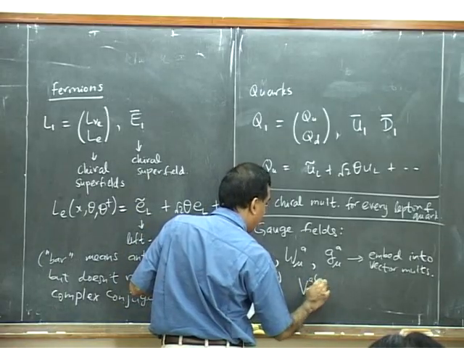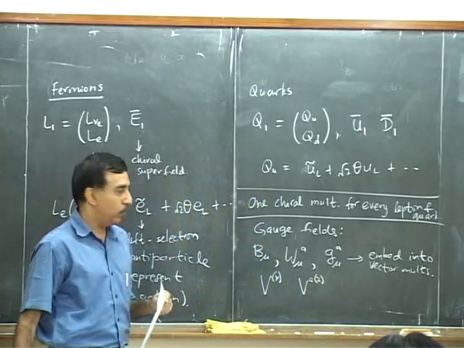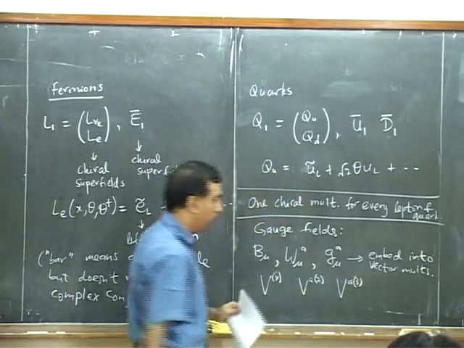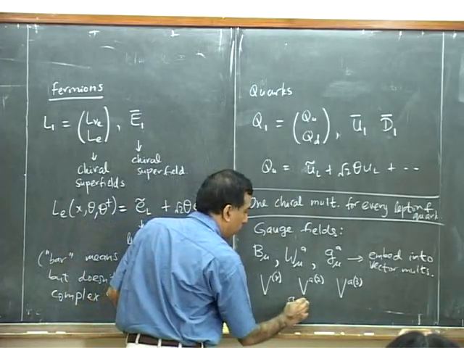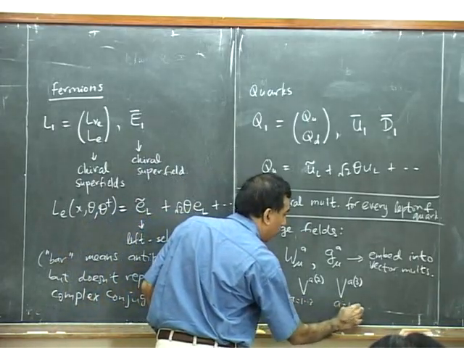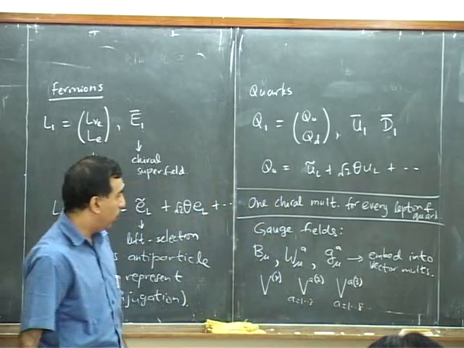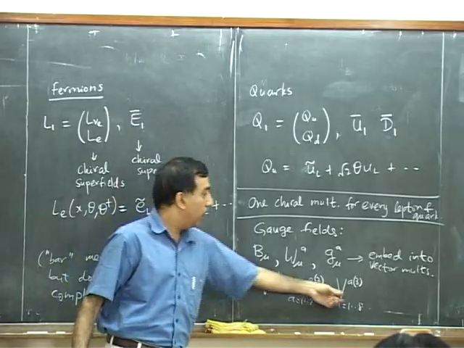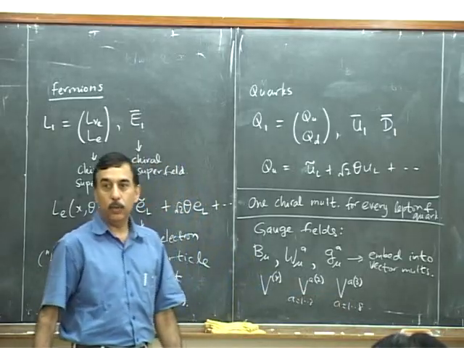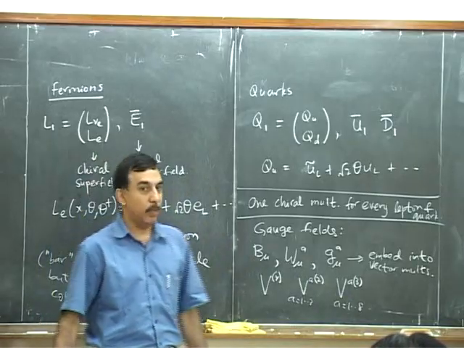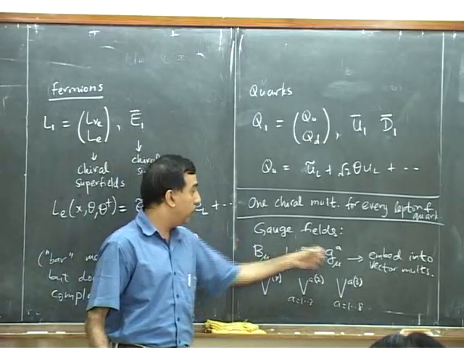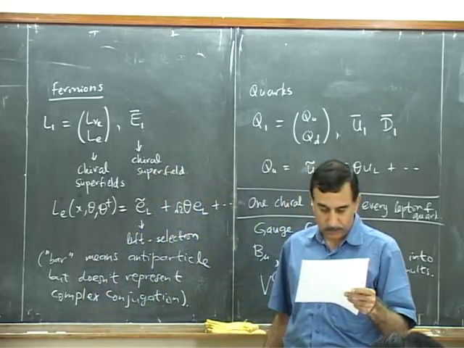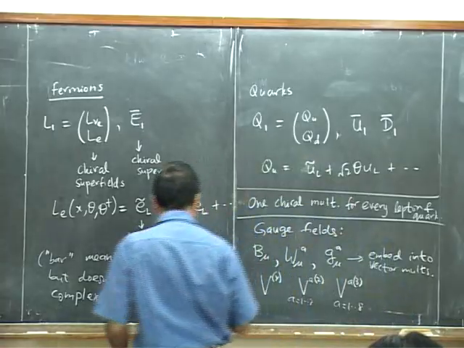Then V A superscript 2 for SU2, and then V A 3 for SU3, and here A goes from 1 to 3, and here A goes from 1 to 8. Okay, so all we've done is to take all the existing vector particles and put them into vector multiplets, whose middle term, theta sigma mu theta dagger, will contain precisely these gauge fields. So that takes care of the vector fields.